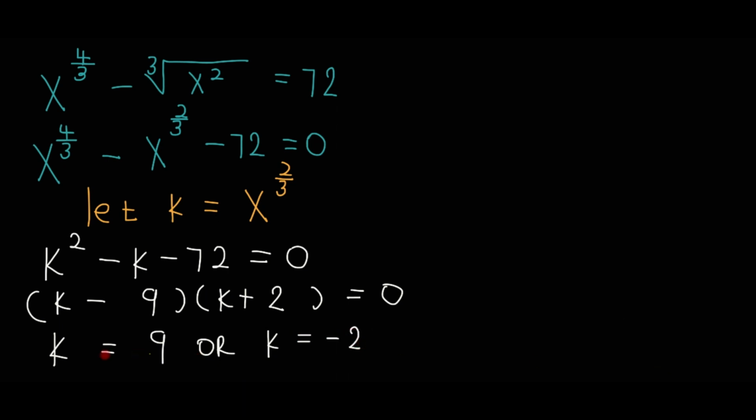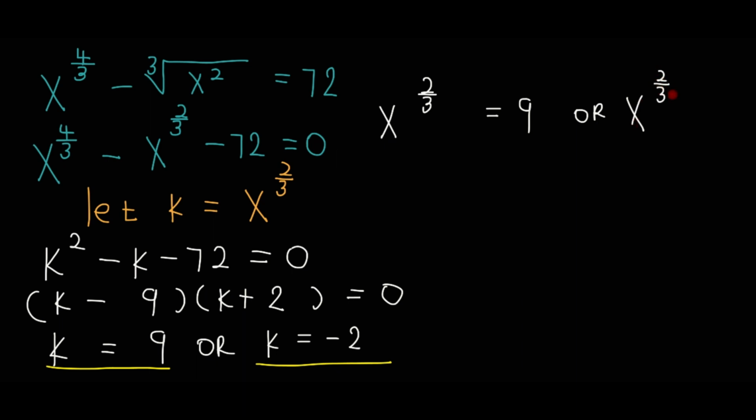And then now ro substitute, re la gore mo ke bona go k ko substitute ka 9 and negative 2. So re la gore from there I can say x to the exponent 2/3 lekana le 9, or x to the exponent 2/3 lekana le negative 2.